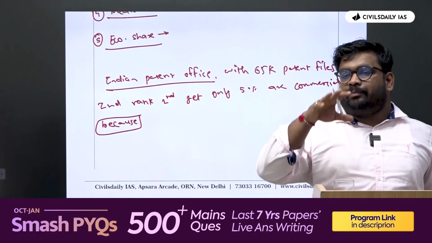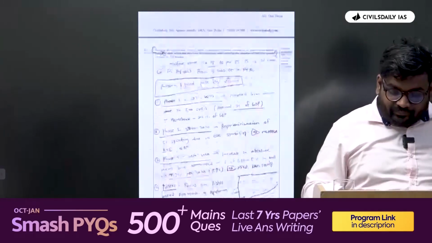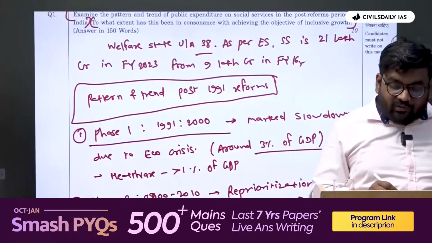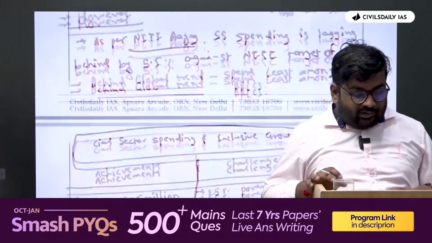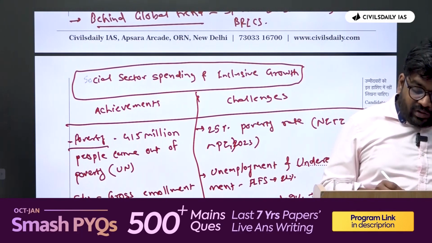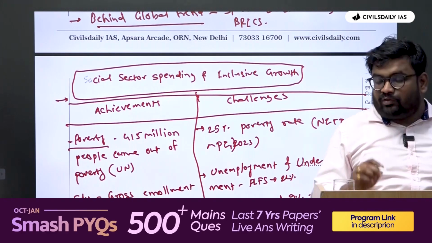Let's say, for example, the very first question that we wrote, here the first theme was on the trend after 1991 reforms, and the second on inclusive growth. Okay? So after giving this heading, you can give the definition of inclusive growth also.